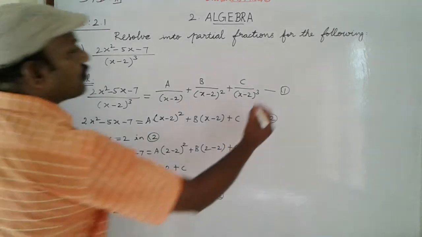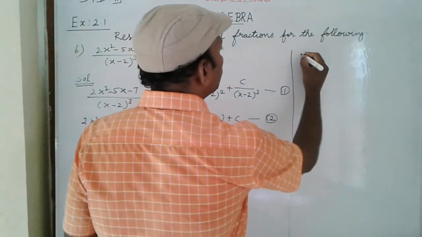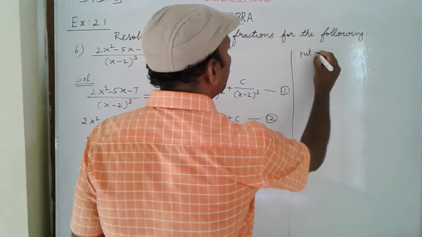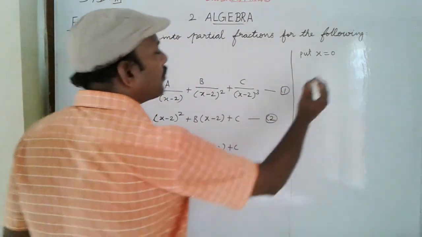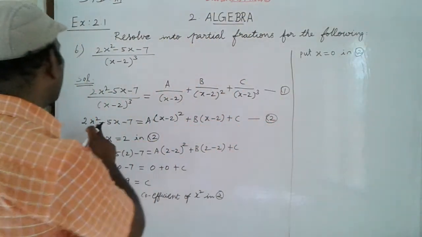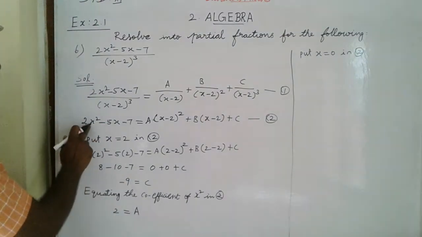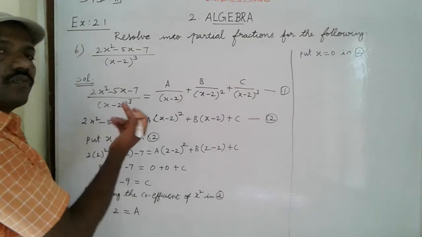Next, put x equal to 0 in equation number 2. The x value is 0, substitute: 0 square, 0 into 2 is 0, 5 into 0 is 0.